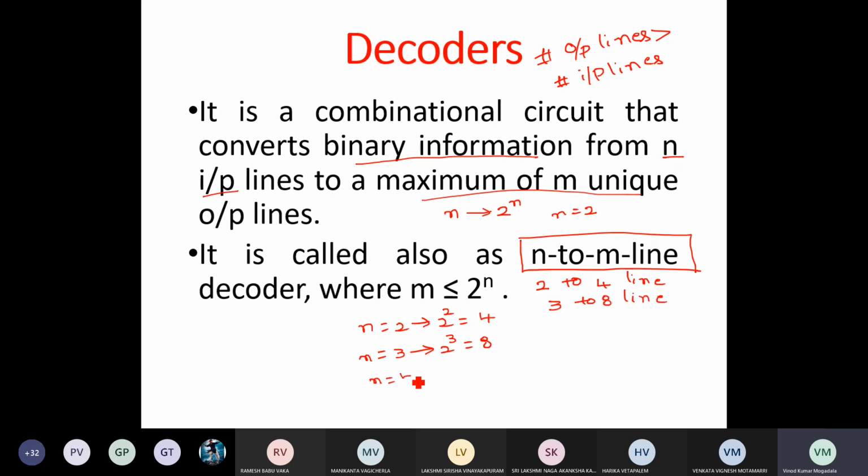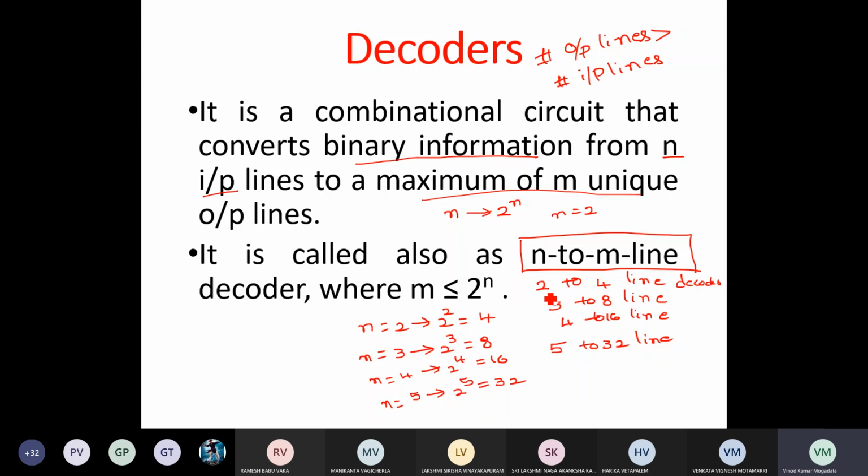If n is equal to 4, 2 power 4 means 16, then we'll have a 4 to 16 line decoder. And if n is equal to 5, 2 power 5 means 32, we'll have a 5 to 32 line decoder. So these are all the sizes that are possible with the decoder.